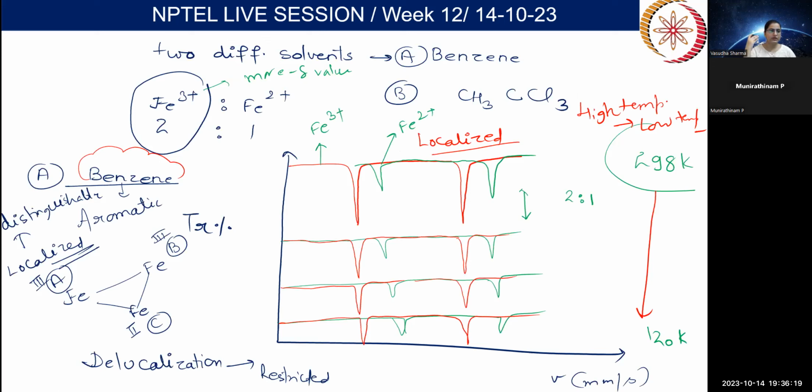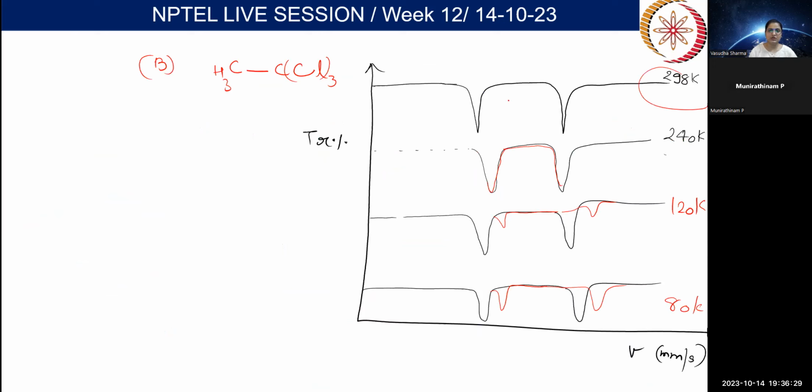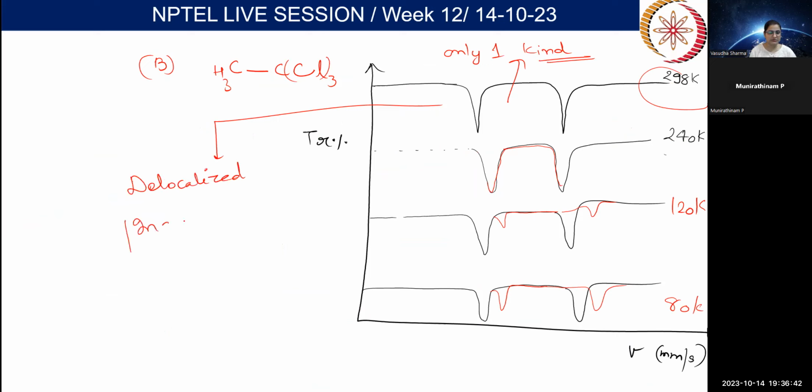Even going from high temperature to low temperature, both the peaks were defined. But in this particular case, at the high temperature, we see only one kind of peak. That means this particular case is delocalized and it is indistinguishable.